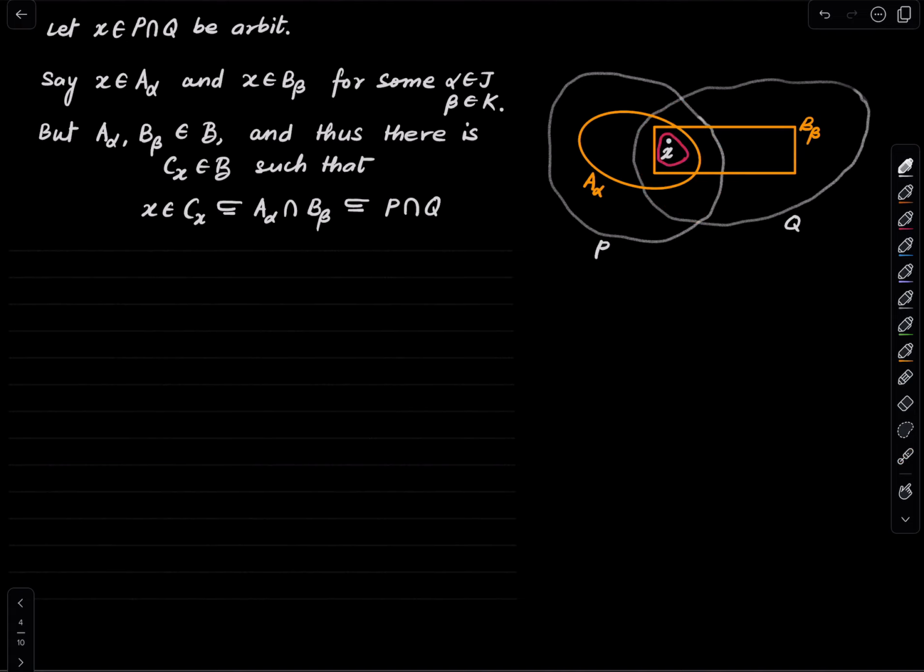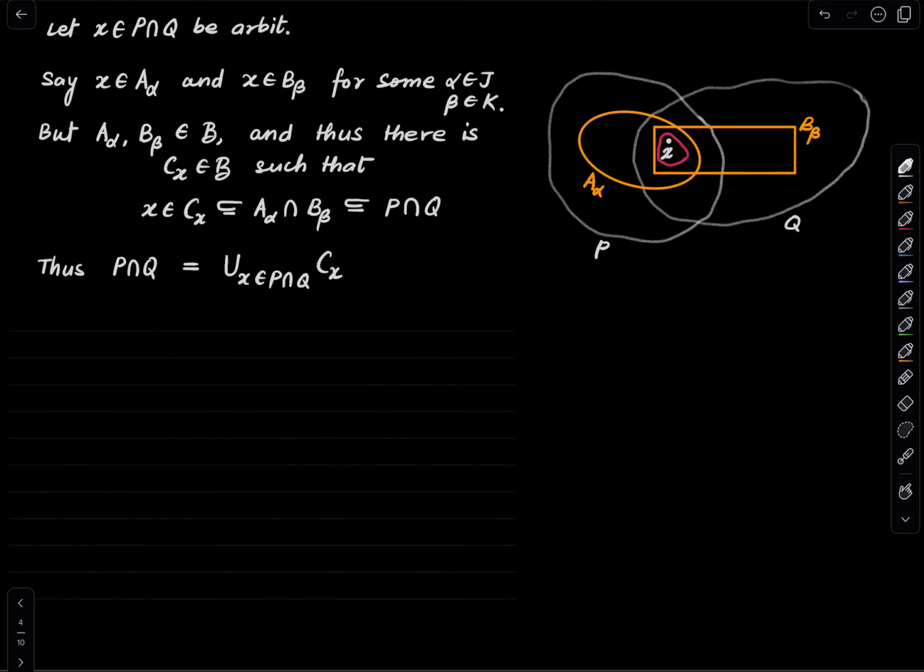So formally, P intersection Q is therefore the union, you choose elements from P intersection Q and take Cx. The union of all these things will clearly be P intersection Q. And we have expressed P intersection Q as the union of some of the basis elements. So this shows closure under finite intersection, or closure under the intersection of two elements.